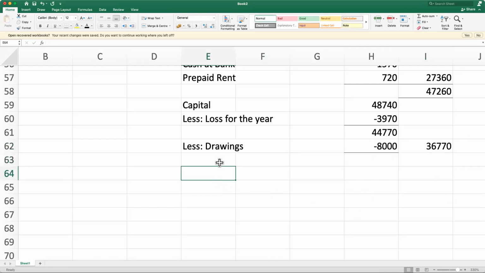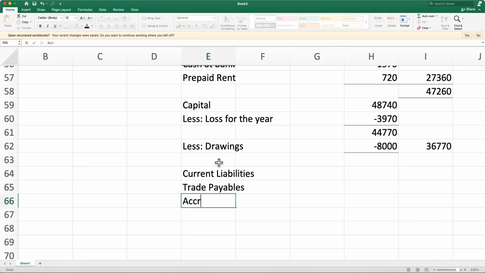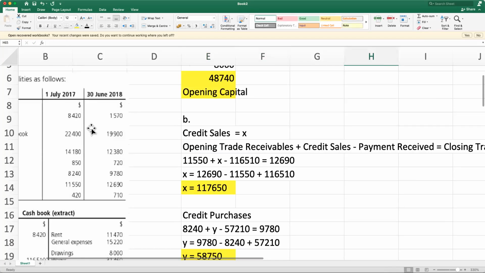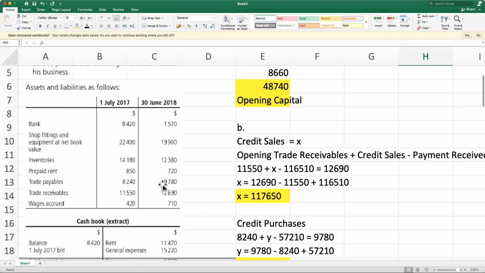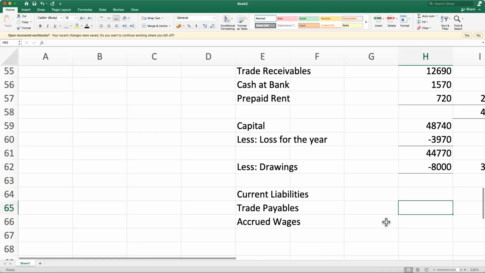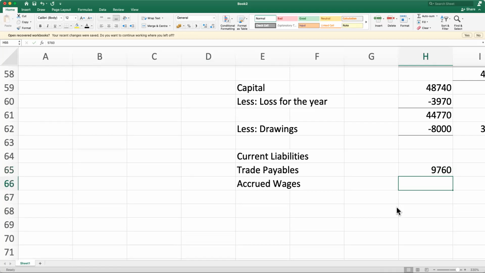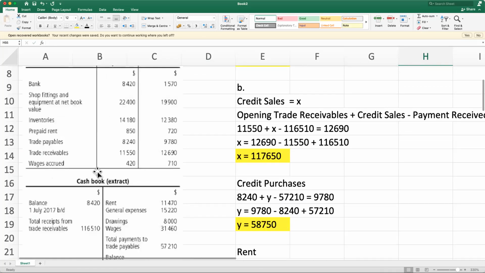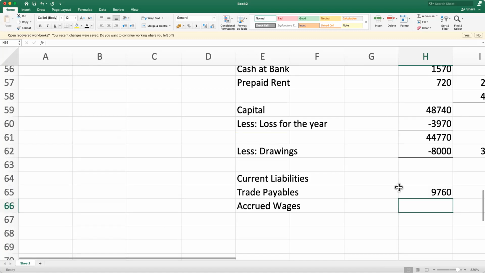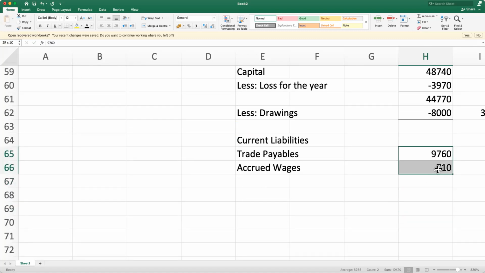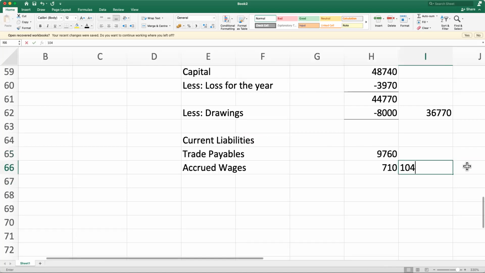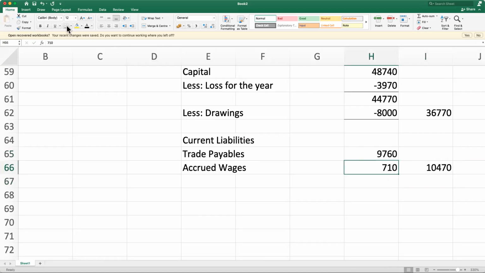Then let's look at our current liabilities. Trade payable and accrued wages. Trade payable, look at the closing amount. 970. Go down here, 9,980. And then accrued wages. Accrued wages will be 710, or wages accrued is the same thing. Just add them together. 10,470. Then we get our amount here.